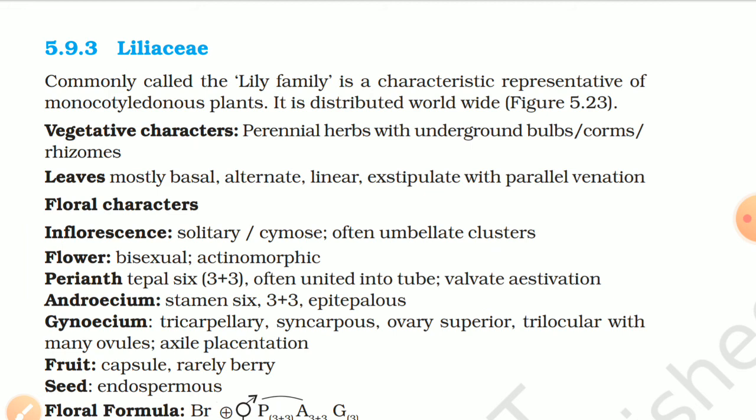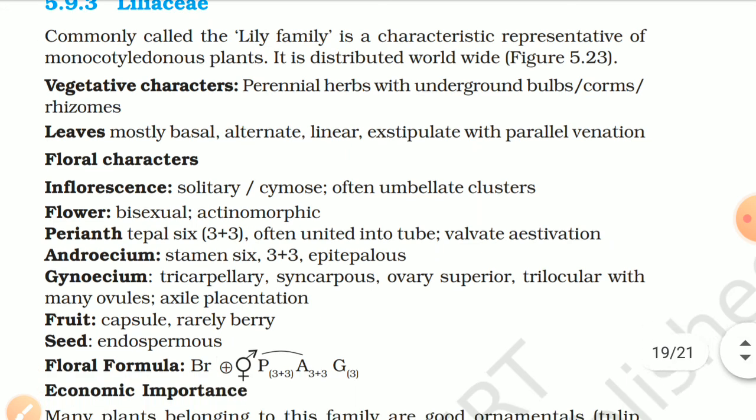Flower bisexual, actinomorphic. Perianth tepals 6, 3 plus 3, often united into a tube, valvate aestivation. Androecium stamens 6, 3 plus 3, epitepalous. Gynoecium tricarpellary, syncarpous, ovary superior, trilocular with many ovules, axile placentation.